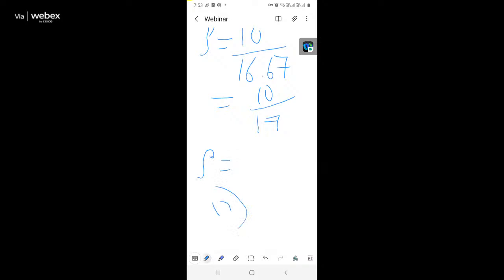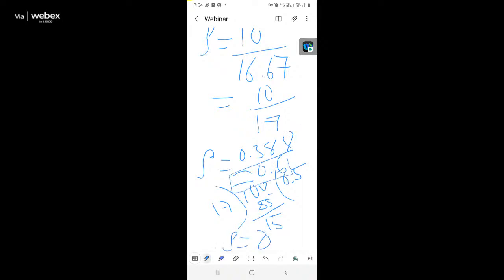So it's simply 10 by 17, which is 0.588. Is it not nearer to 0.6? Yes, your answer is 0.6. So this is the answer, and option C is the correct answer.